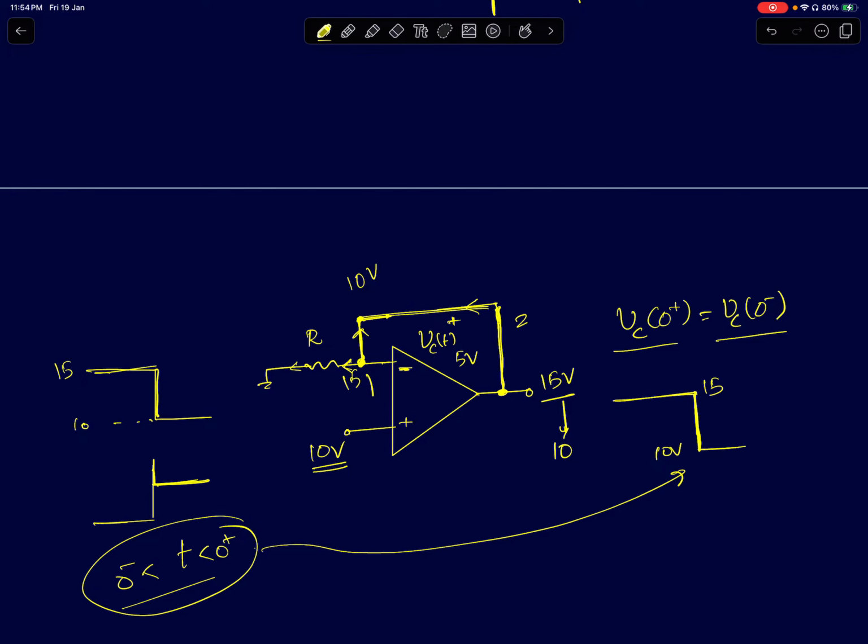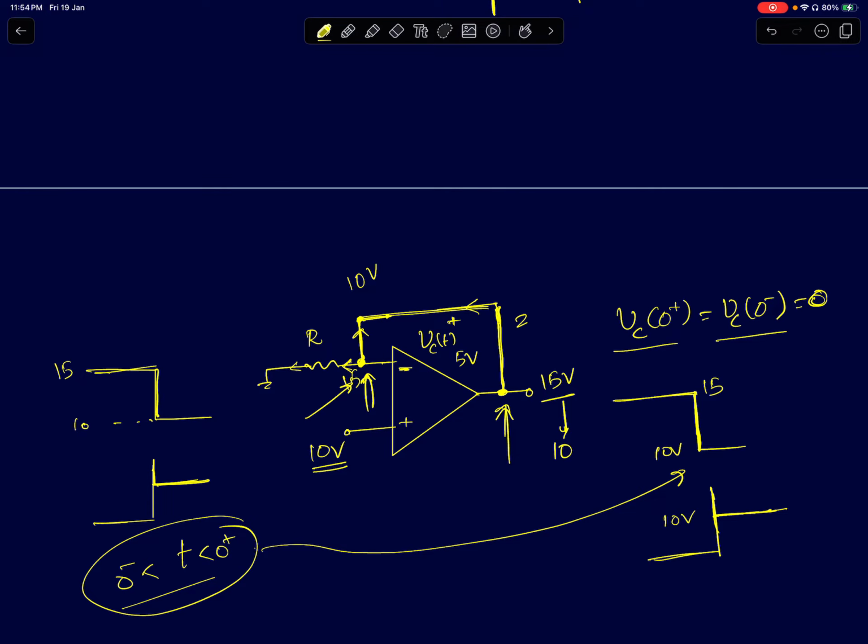And the voltage at the inverting terminal will instantly rise from 0 to 15 and then fall back to 10 volts, because it's in follower mode, both these node voltages will track. So it will also come to 10 volts. All the while, between 0 minus and 0 plus, the capacitor voltage is always at 0 volts. That's not changing, so that's constant. But these two node voltages will change.